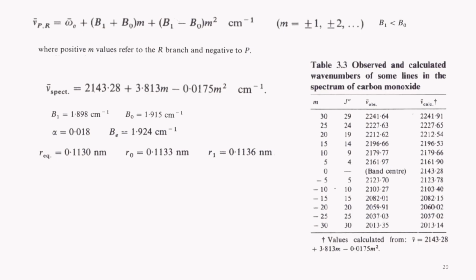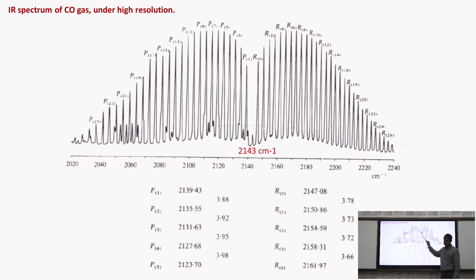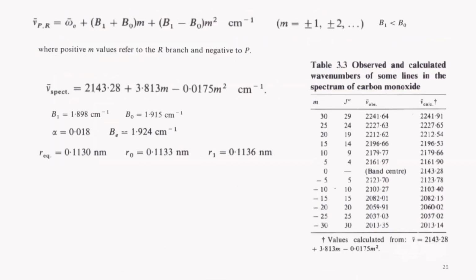So use this expression to explain this CO gas molecule spectrum, where the spacing between the bands in the P branch is increasing and in the R branch it is decreasing.